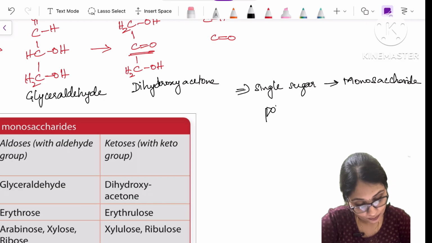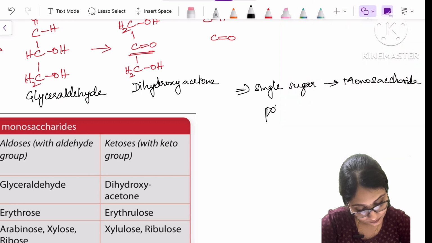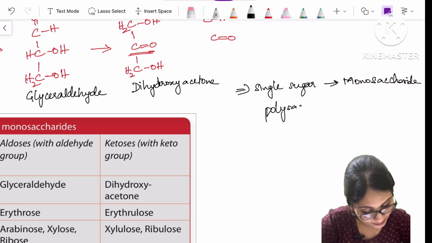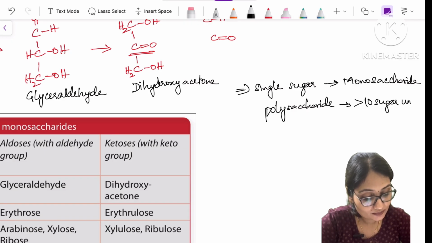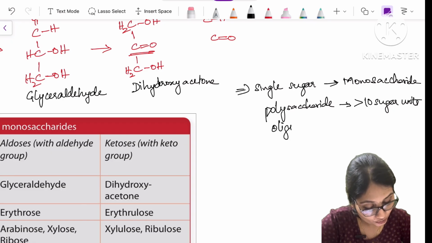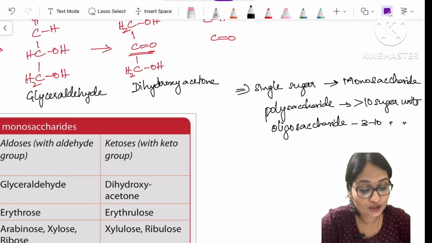A polysaccharide is something which contains more than 10 sugar units. Three to 10 sugar units is called an oligosaccharide. Fine.